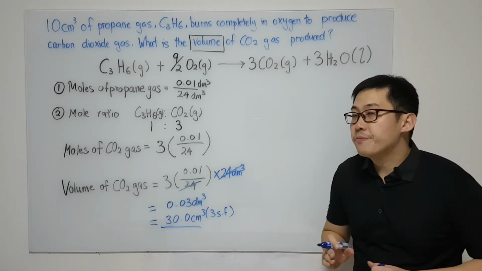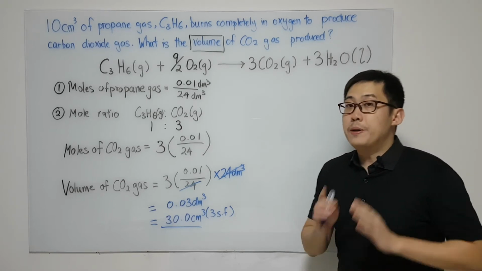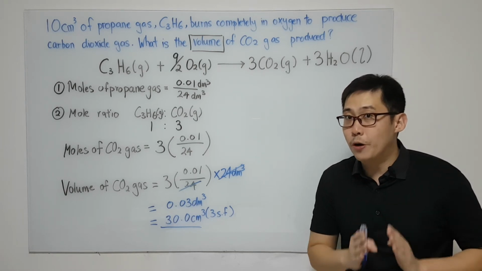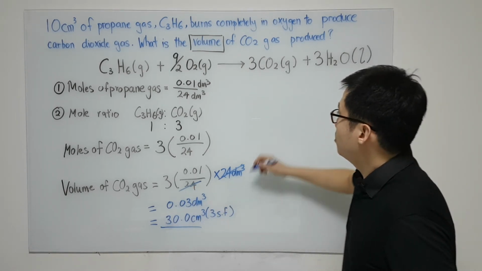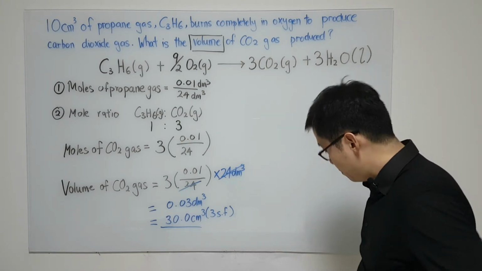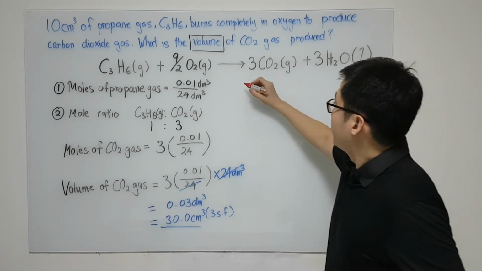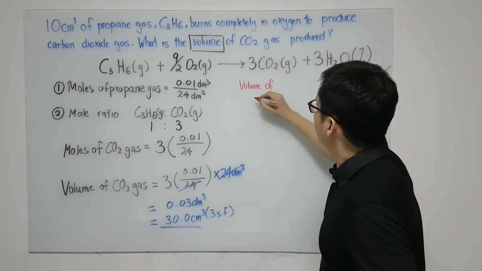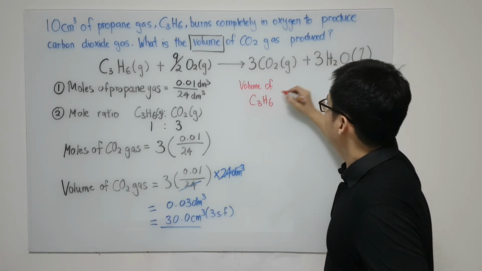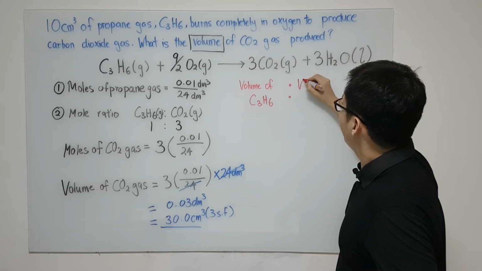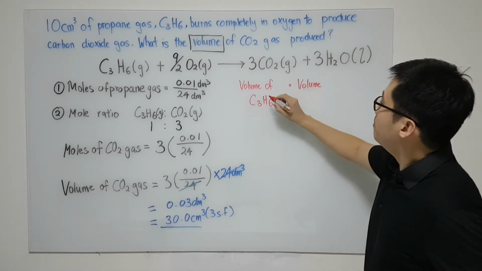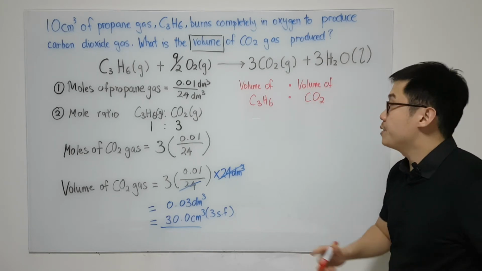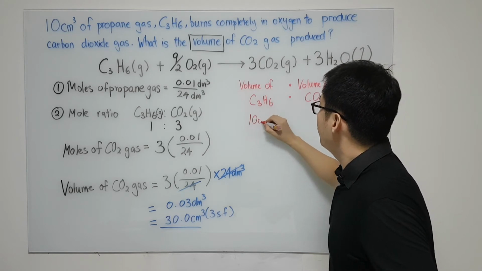Now, this is not the end. Even though you get the answer, the purpose of this topic is to show you something more important. Why is this more important? Look with me now. If I were to put the volume of C3H6 to the volume of CO2 into a ratio, you'll find that the volume here is actually 10 cm cube.